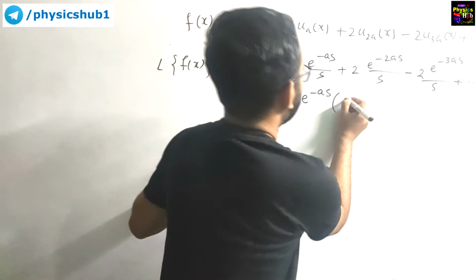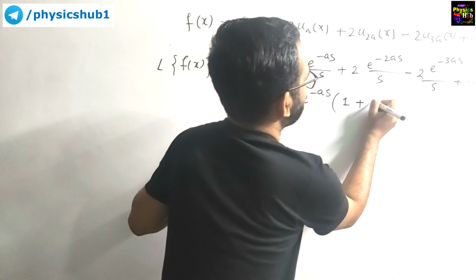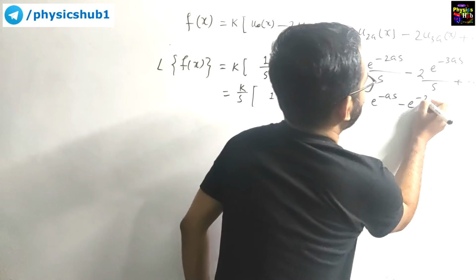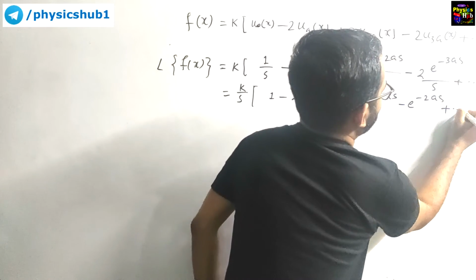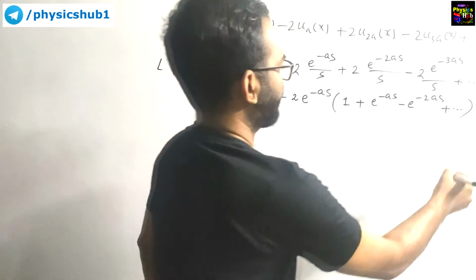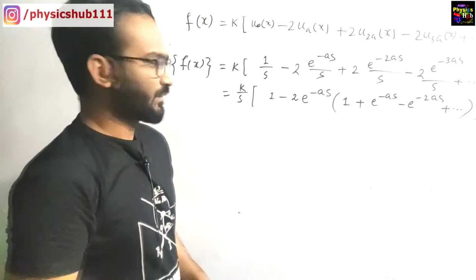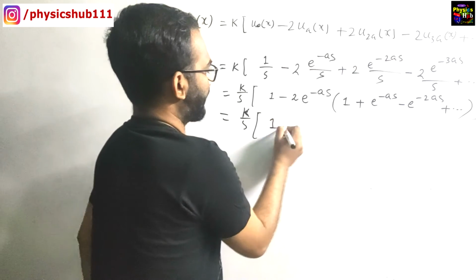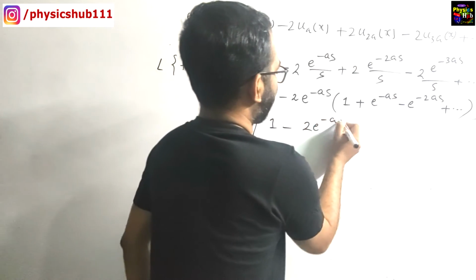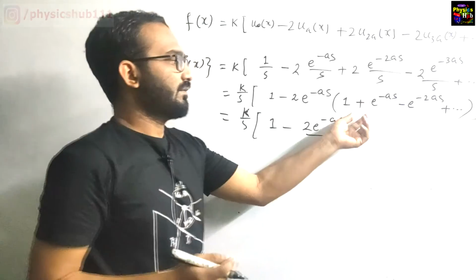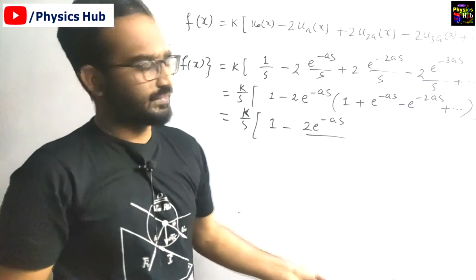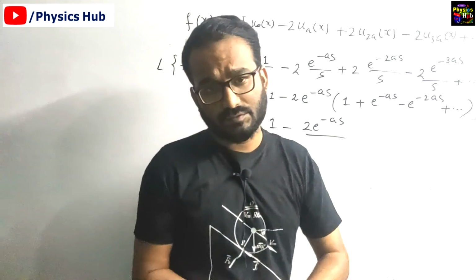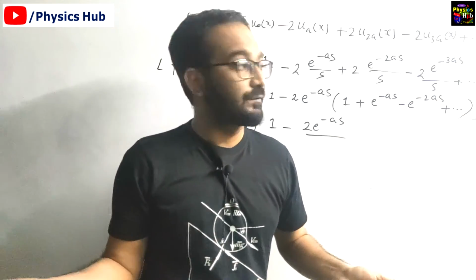This term will give you 1 plus e to the power minus as minus e to the power minus 2as plus so on, in the third bracket, and this will be equal to k by s into 1 minus 2 e to the power minus as, and this is what, 1 plus x square type thing. So 1 minus x to the power minus 1 is the formula, but here alternate sign is there, so it will be 1 plus x to the power minus 1.